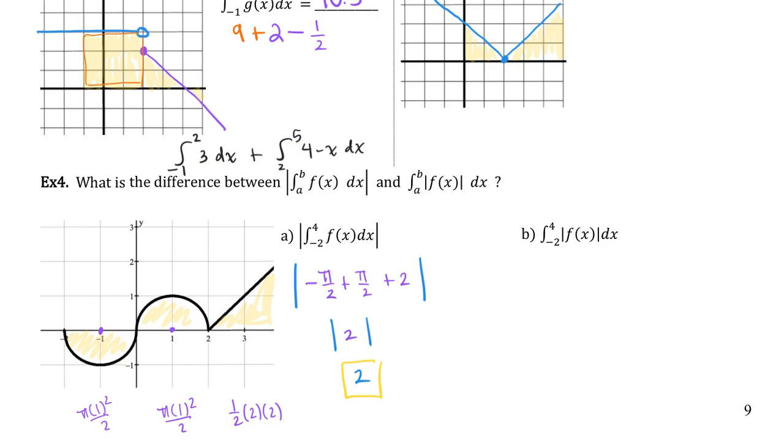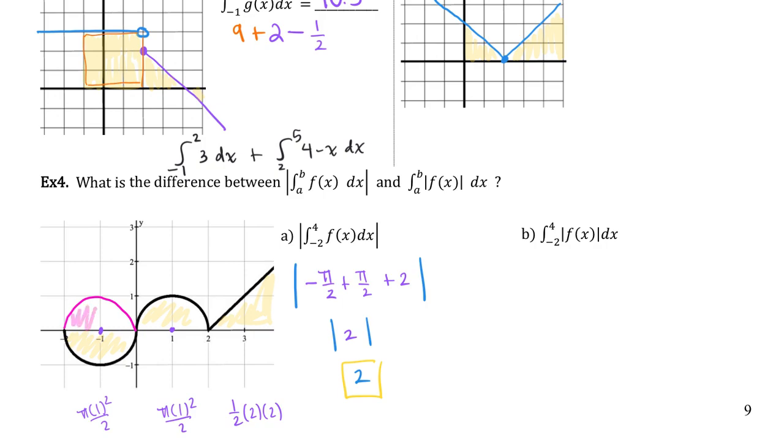Okay, so for b, we're going to do the integral from -2 to 4 of the absolute value of f of x dx. If you are absolute valuing the actual function, you're making all the pieces positive. So I'm going to change the actual function and then calculate it. Now I'm absolute valuing the function, which means this curve that is below the x-axis, when I absolute value it, all the y values end up above the x-axis.